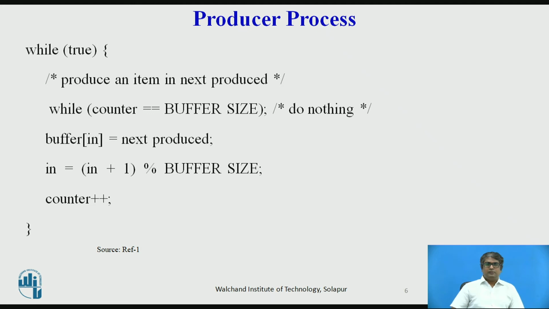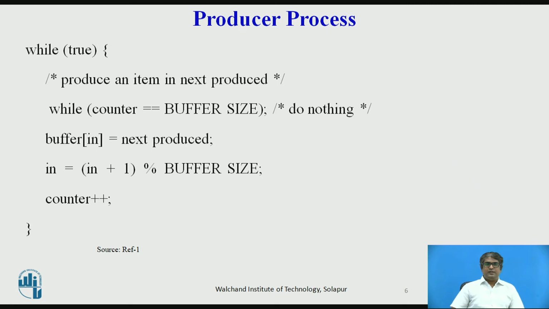Now we come to the problem of the bounded buffer. As we know, the original solution allowed at most buffer size minus 1 items in the buffer at the same time. Suppose we want to modify the algorithm to remedy this. One possibility is to add an integer variable counter, which is initialized to 0.